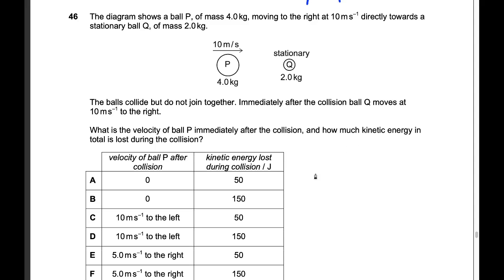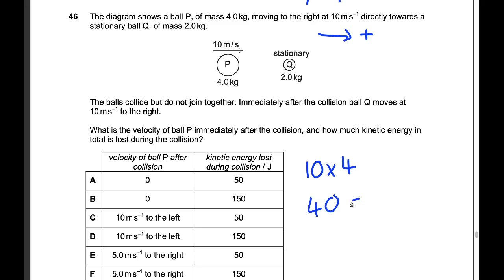So the initial momentum is 10 times 4. I'm going to make this my positive direction. And it's going to be 10 times 4, so it's 40. Okay, so that's my total momentum, 40.